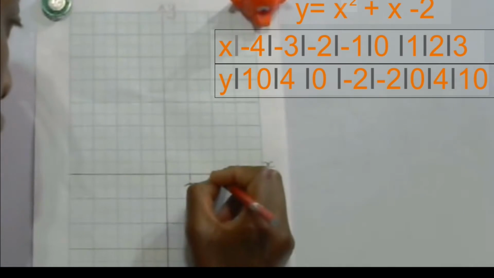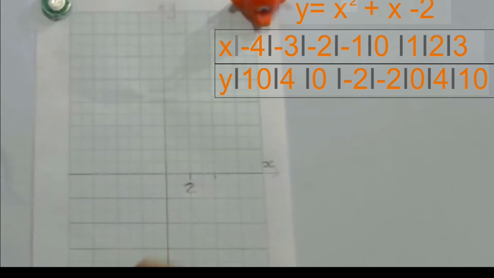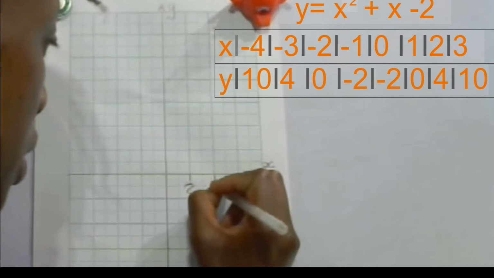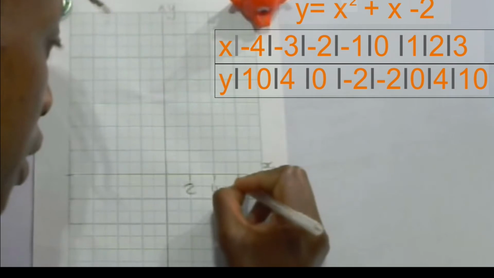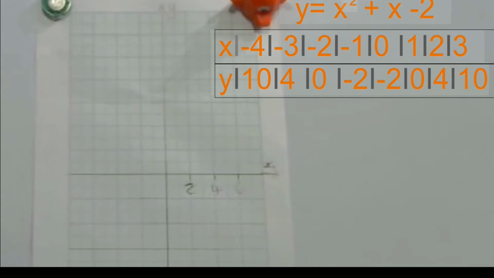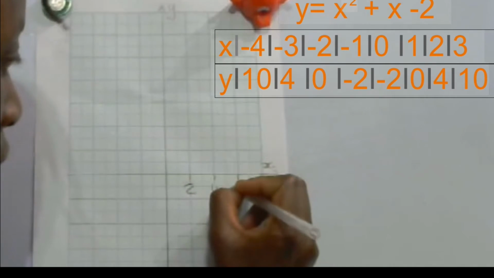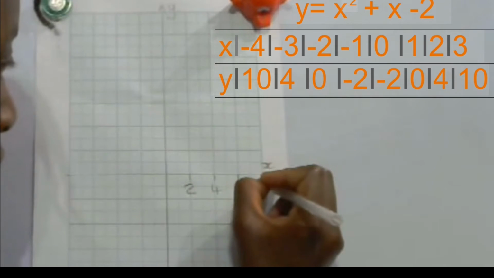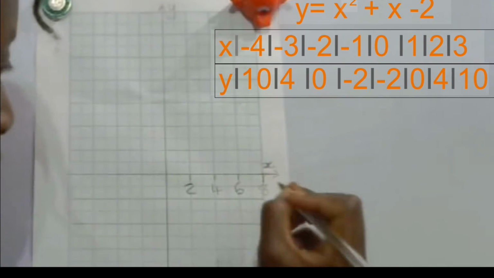For this one it's a +4. Then there it's a 6, and there it's an 8.